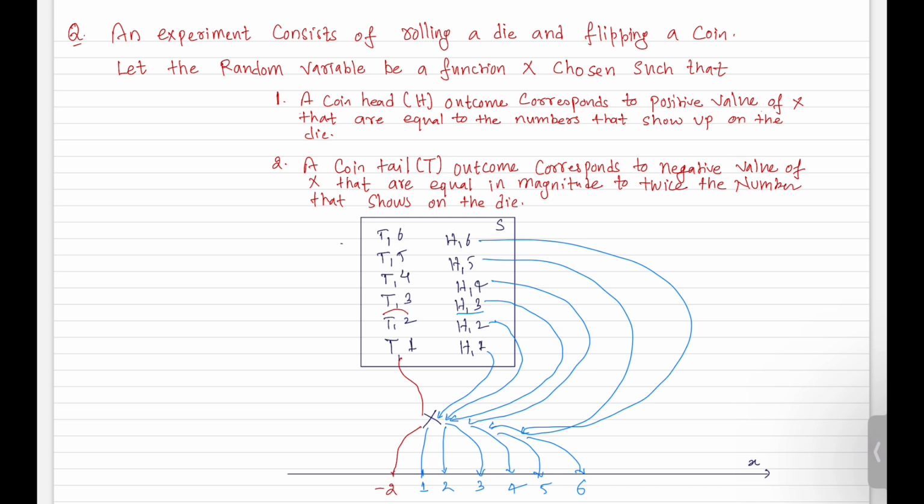And where will this get mapped? This will go into the input, and on the die we have got 2, right?